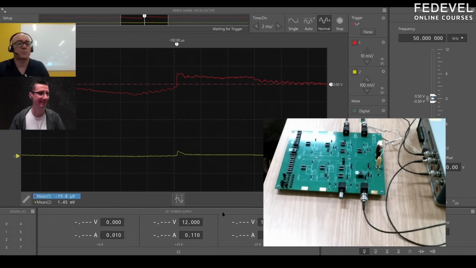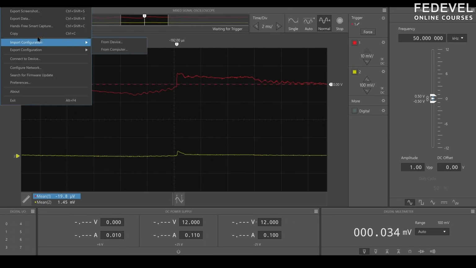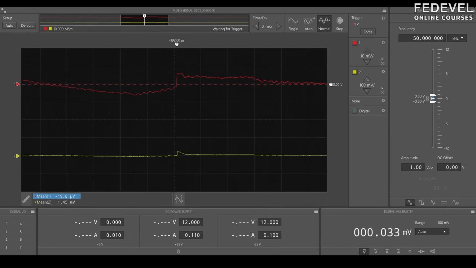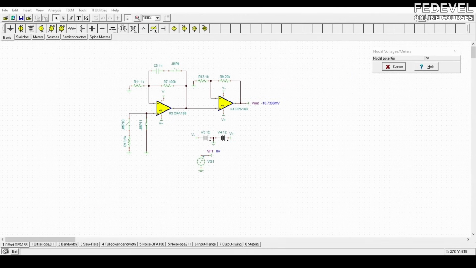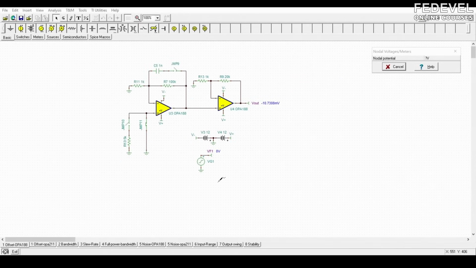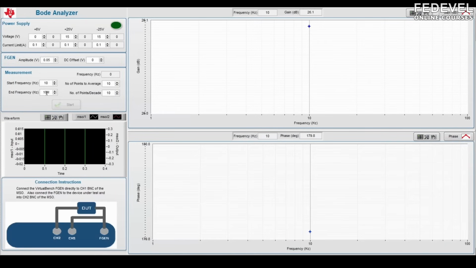Okay, so I'm going to go ahead and say import configuration, and we want to look at the bandwidth. Oh, wait, actually, we wrote a special program for this one. Let me pull up the software for that.